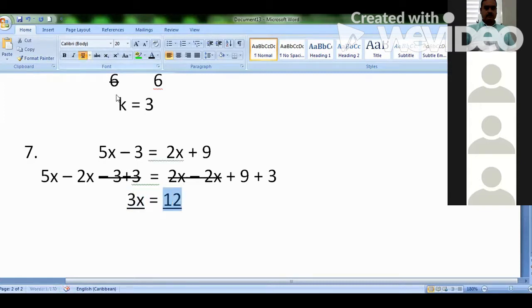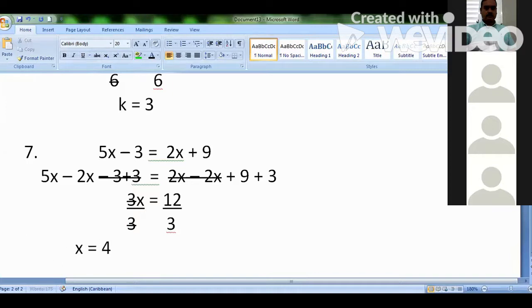So what is x equal to? x is equal to 4. 3 into 12 will give us 4, right? Because this will cancel, not true? So x is equal to 4.